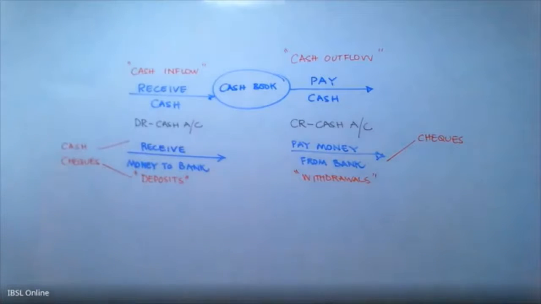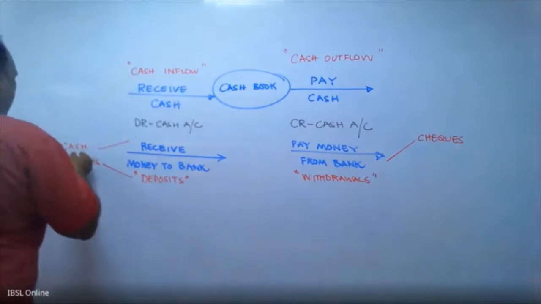So in this example, going into the earlier example, that is Mr. Joe Pereira's business, Joe Pereira will receive money from his debtors. Now his debtors can give money in two forms.